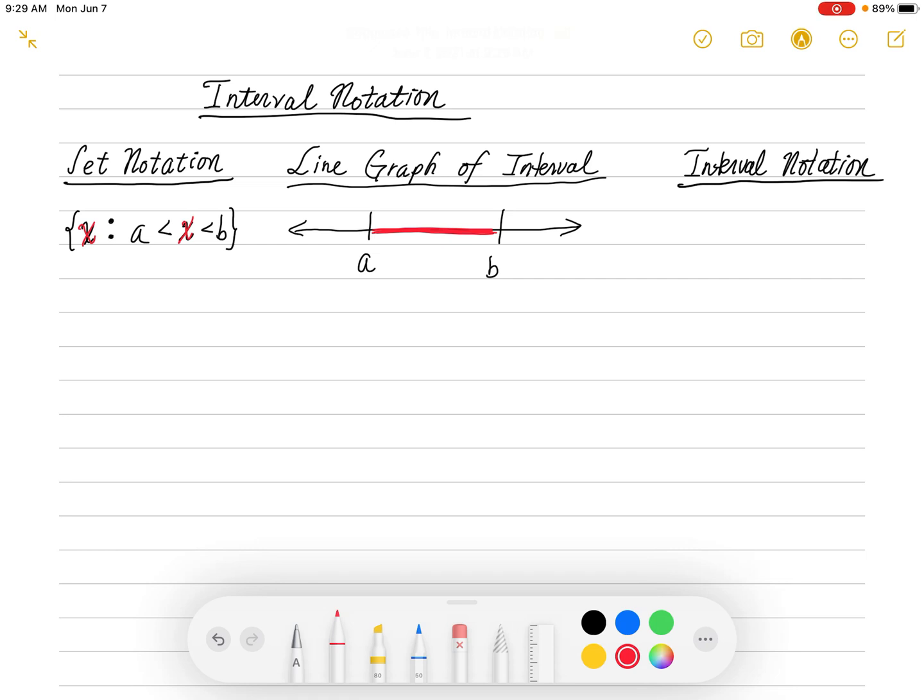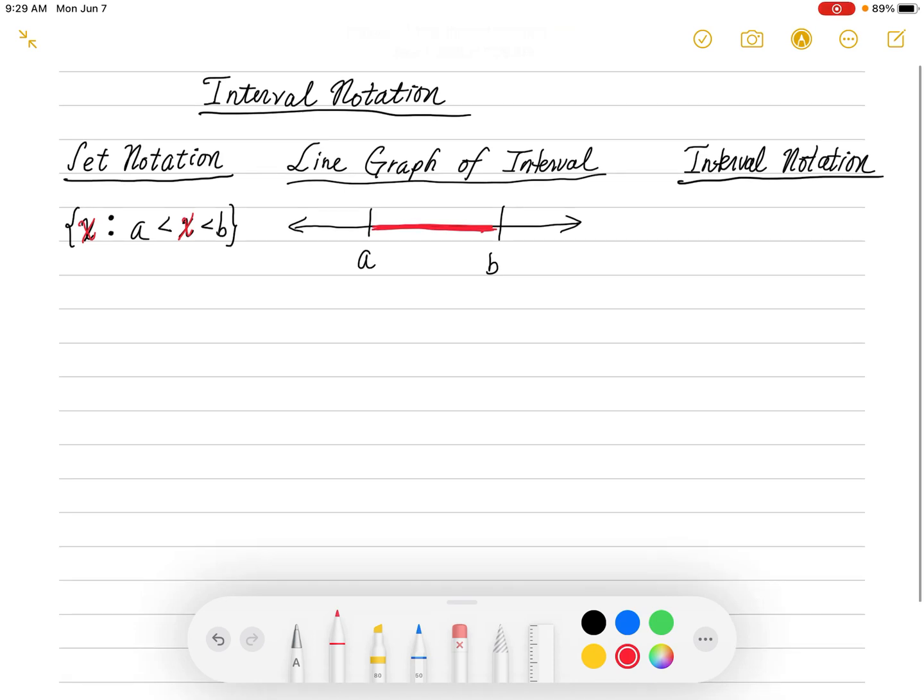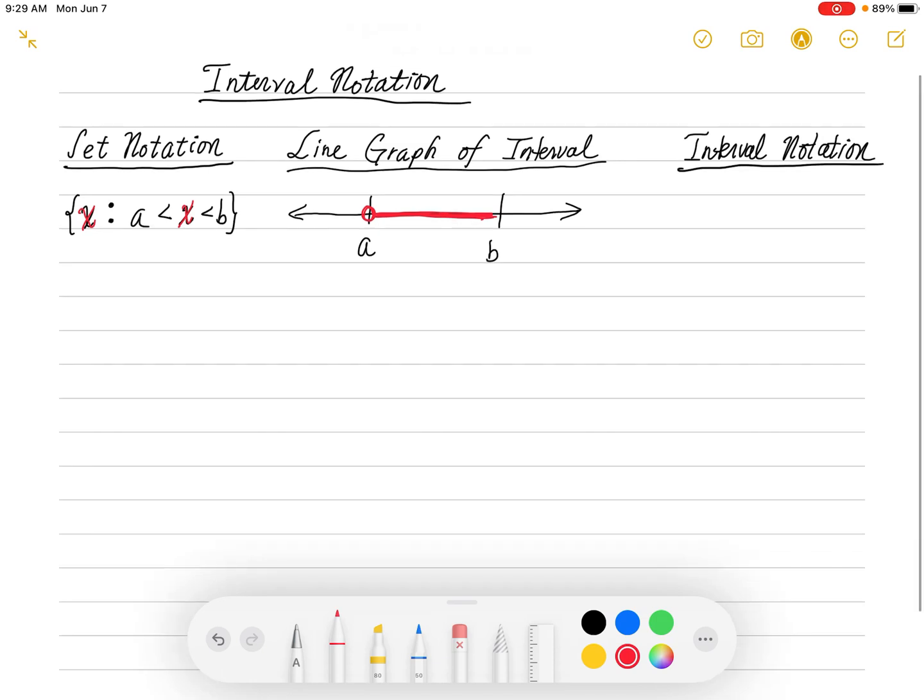So x can be any real number between a and b, but it cannot include a because it's strictly greater than a. So what we're going to do, we're going to put an open circle. Open circle designates that you're not including a. And also we're going to put an open circle on top of b, because we're not including b. So basically, the open circle indicates that you go all the way up to a, but you don't include it. And the open circle around b indicates you go all the way up to b as far as you can, but you don't include it.